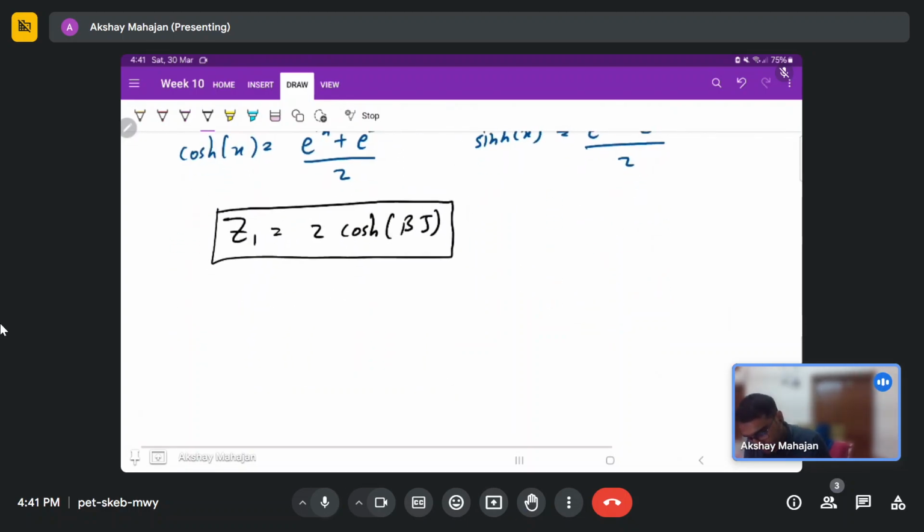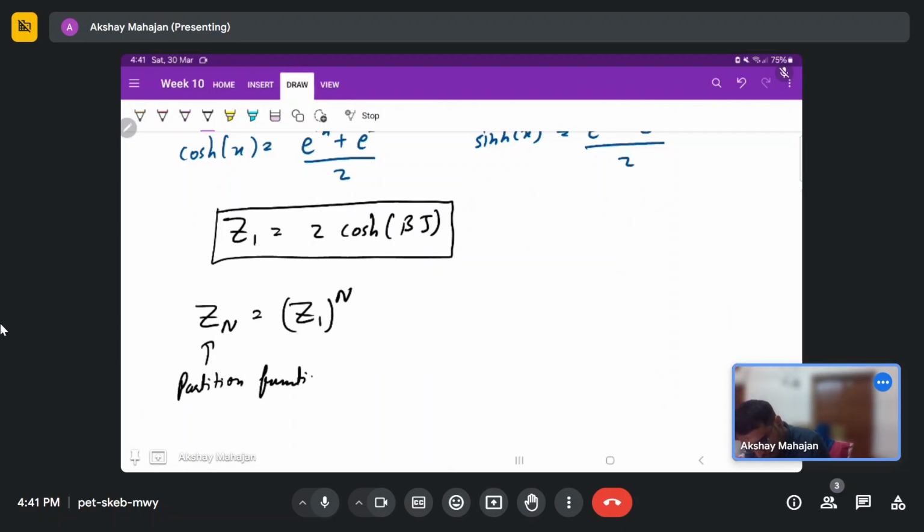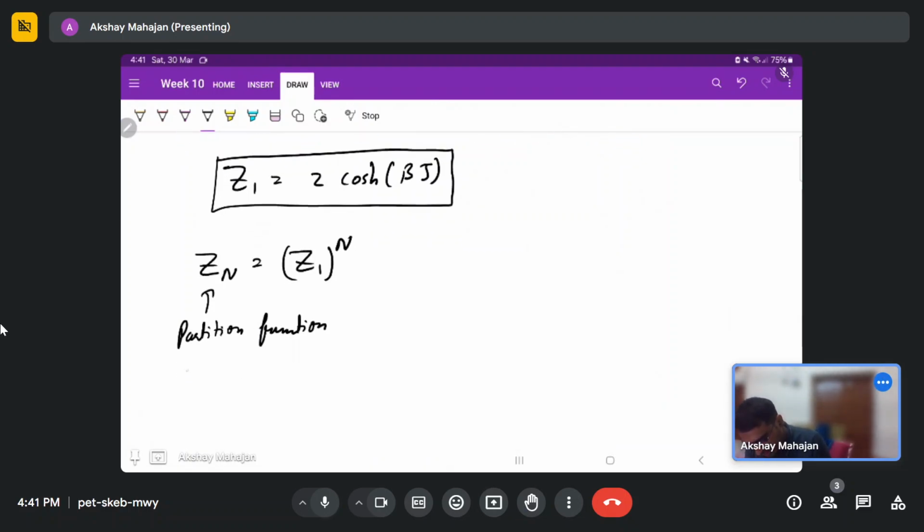So now we can write the partition function of n particles, that will be given by z1 whole to the power n. For this kind of problem, this is how you can solve. So this is the partition function for n particles.